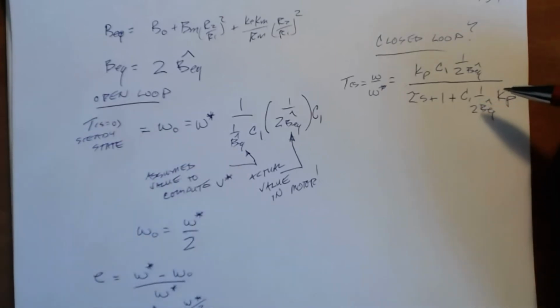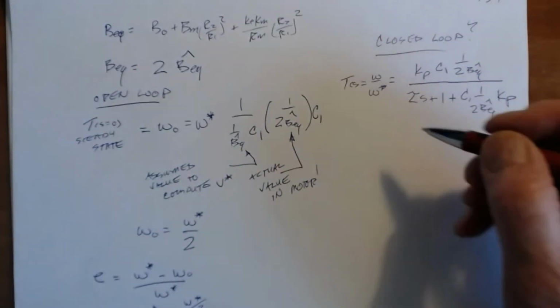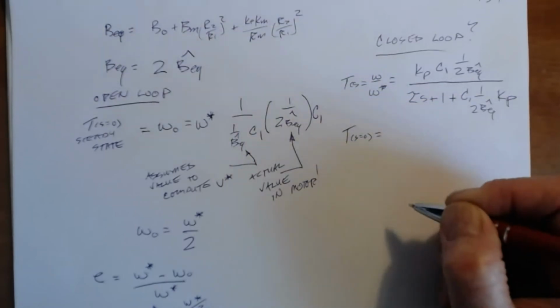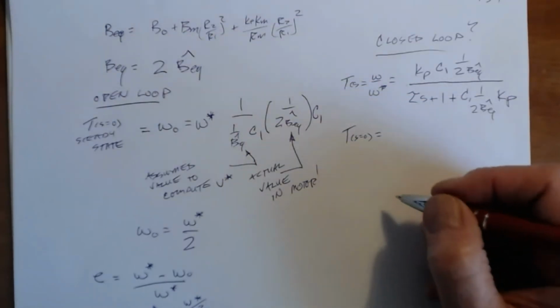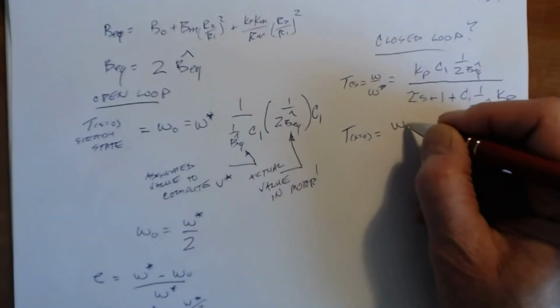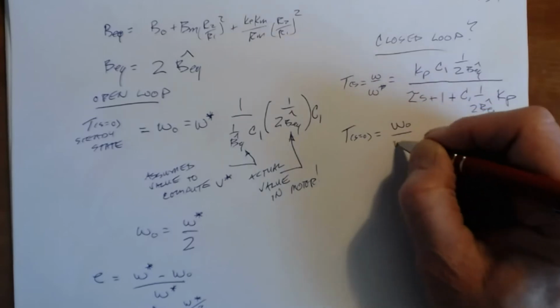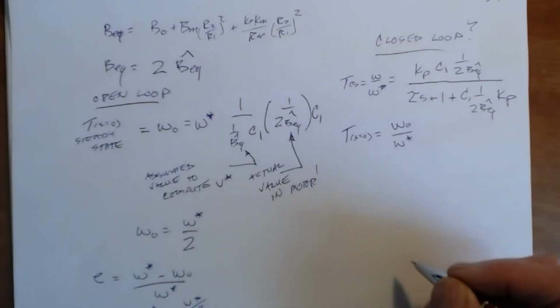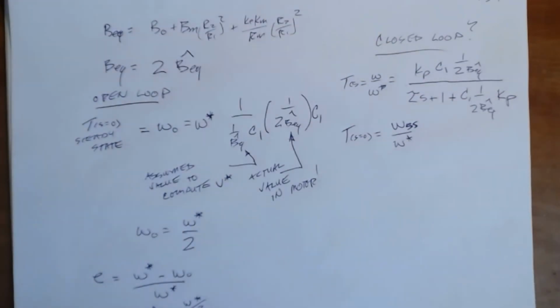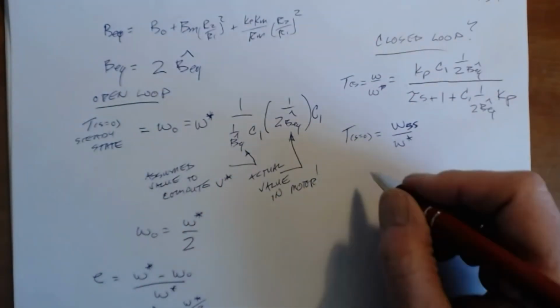And so what we can do is we'll say the steady state output, T of S equals 0, is omega out over omega star. I'll call this omega steady state. So then I can rewrite this equation a little bit differently.